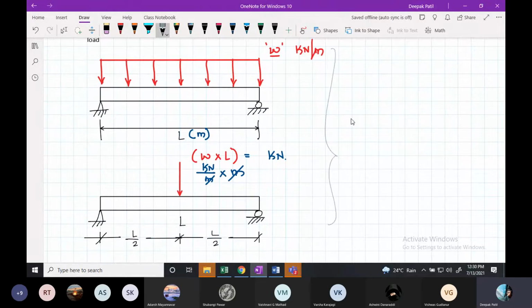Okay, so this is how we do the conversion of uniformly distributed load to equivalent point load.